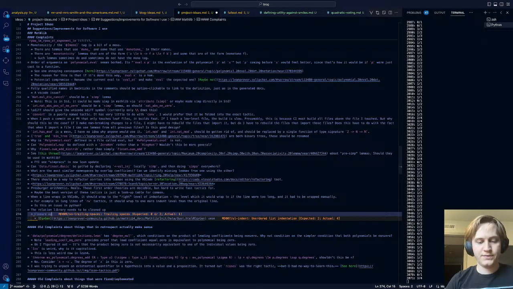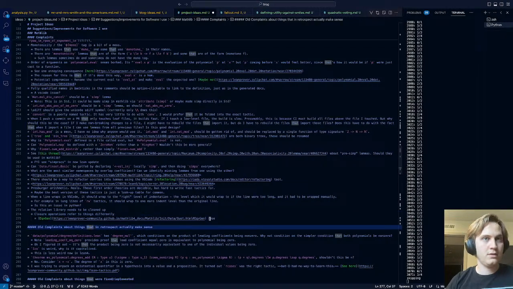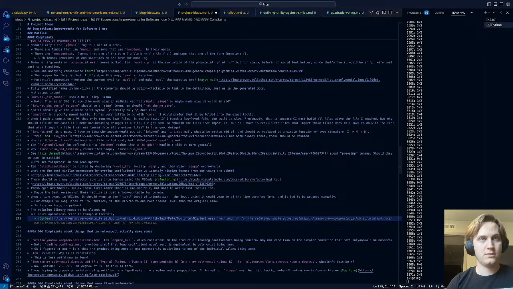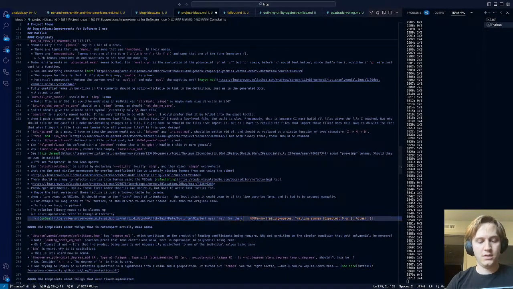Closure operations refer to things differently. Uses, so this one uses rel, yes, rel for the constructor, the base relation constructor.